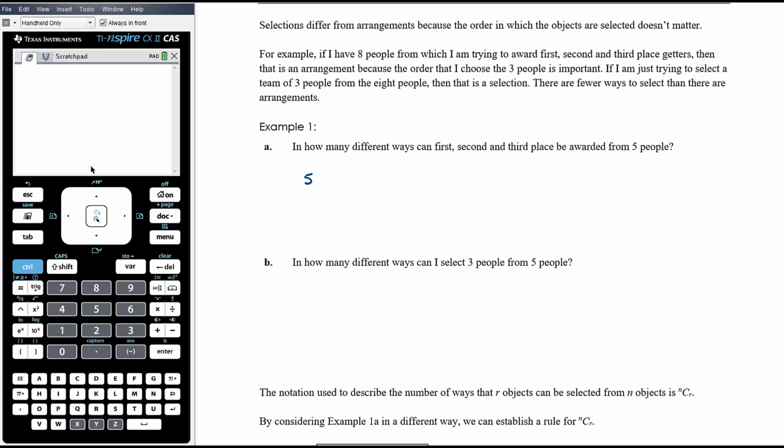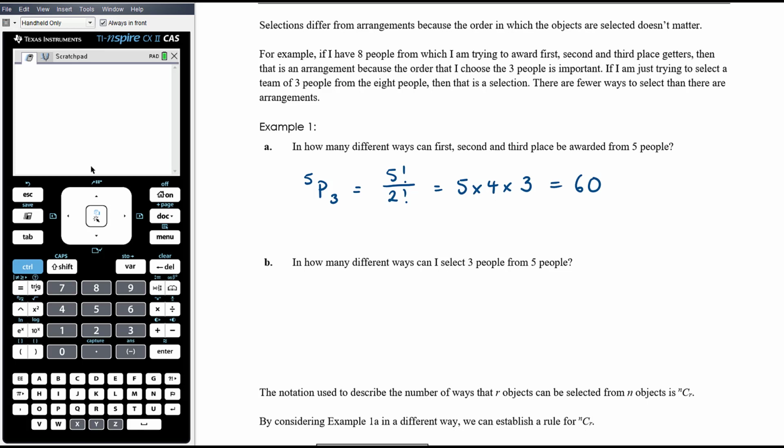So that would be 5P3, which is the same as 5 factorial over 2 factorial, 5 minus 3, that's how we get the denominator. And that's the same as simply 5 times 4 times 3. All those 3 things give me the same thing, and that's going to be 60. So there's 60 different ways that 5 people could finish in first, second and third places, assuming they all have equal chance of finishing first.